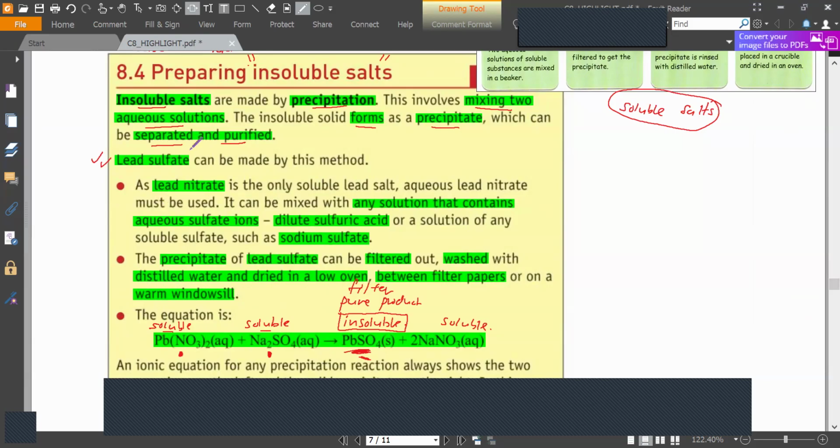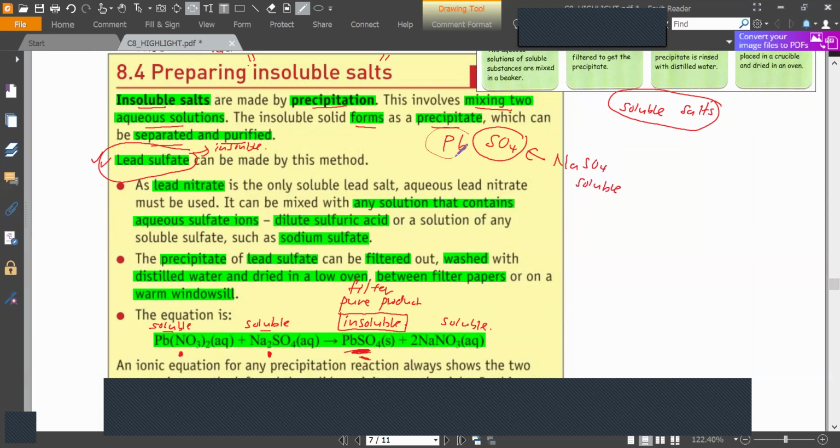Let's say we want to produce lead sulfate, which is insoluble. So lead and sulfate. The sulfate part we must get from a soluble source, which is sodium sulfate, soluble.